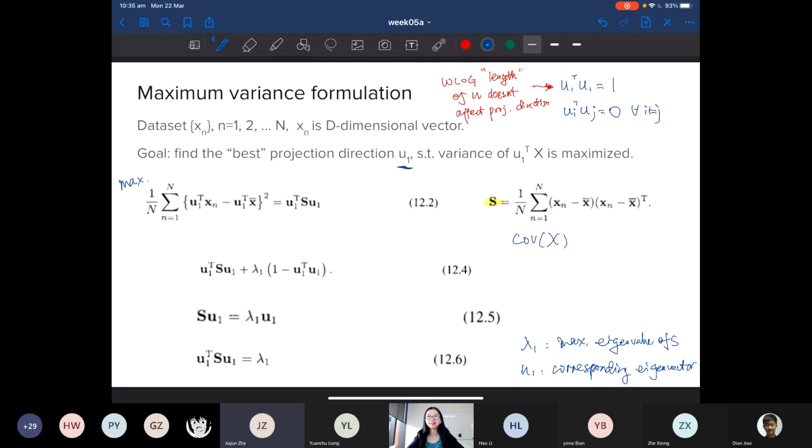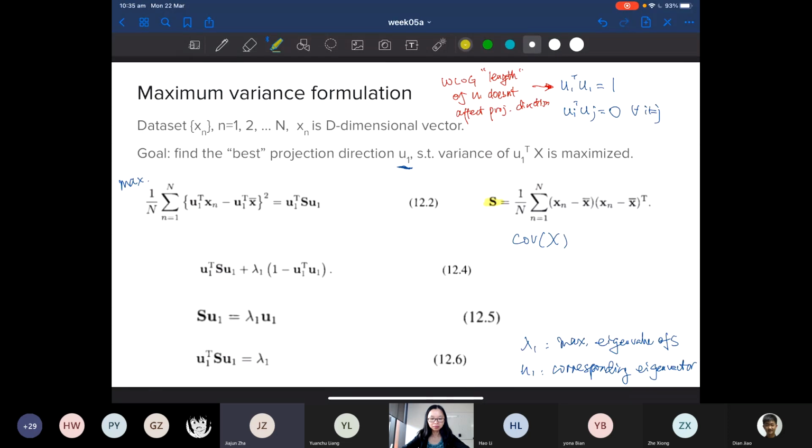Like U1 is only used to adjust the position of X1. I think U1 is going to be multiplied throughout the whole data set. And yes, you're right. You see the formula 12.5, S is basically fixed.